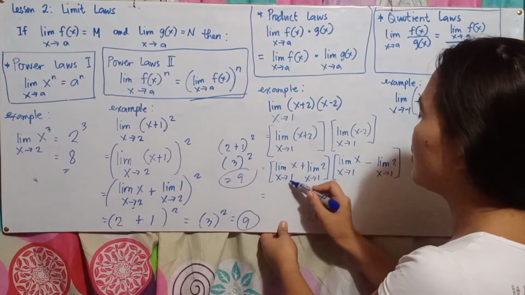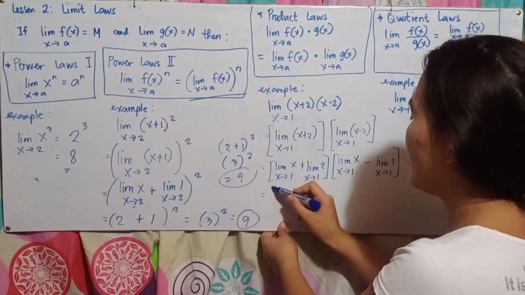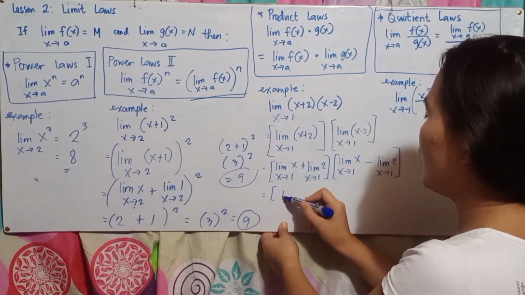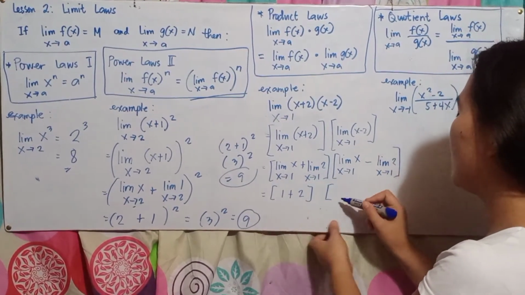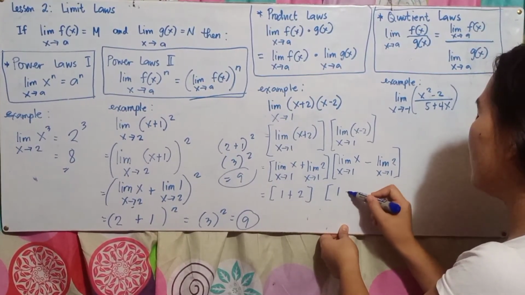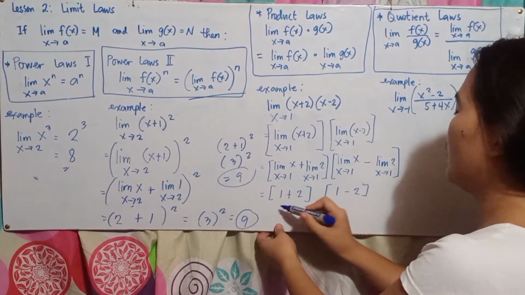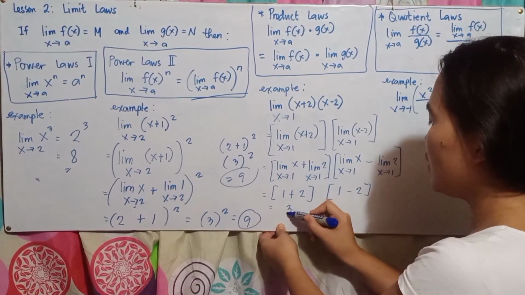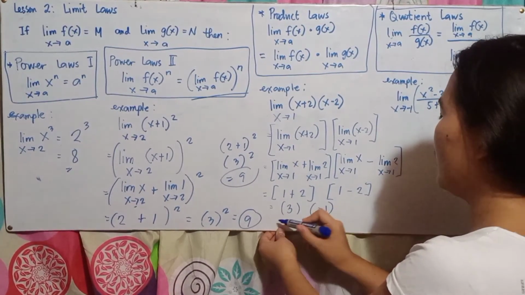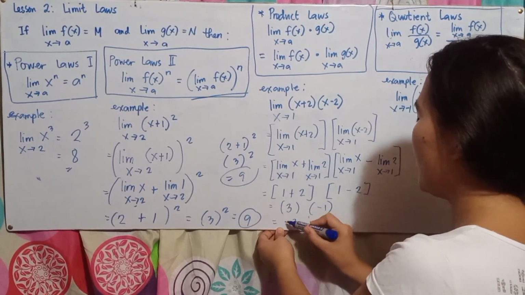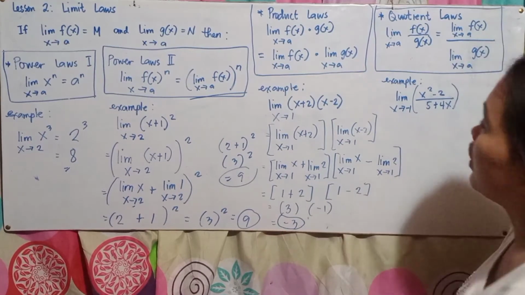So, this one is the sum law, and this one is the difference law. So, we get 1 plus 2 here, and 1 minus 2 there. So, 1 plus 2 is 3, times negative 1. So, the answer is negative 3.